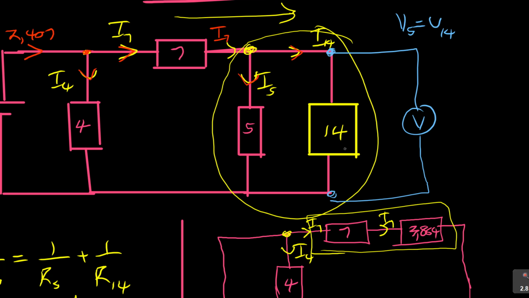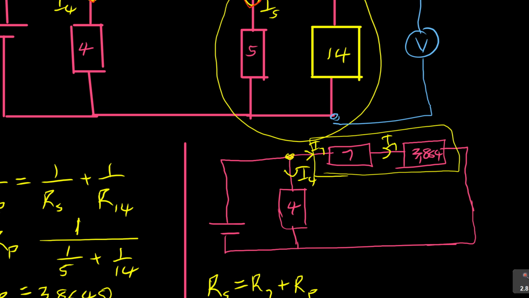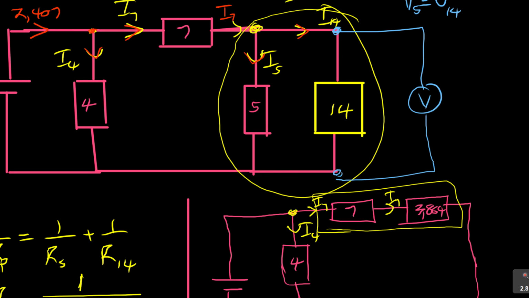Why? Because they are parallel. When they are parallel, the voltage is the same. Are you with me? Now further, it was also interesting to note that we can use this diagram here and focus. I said I'll use my red and focus on this total. Remember, 5 and 14, they gave us this total.